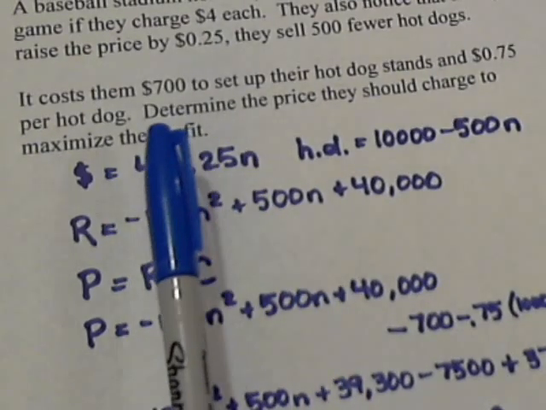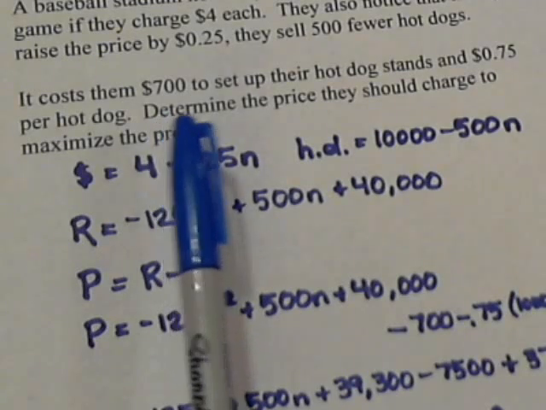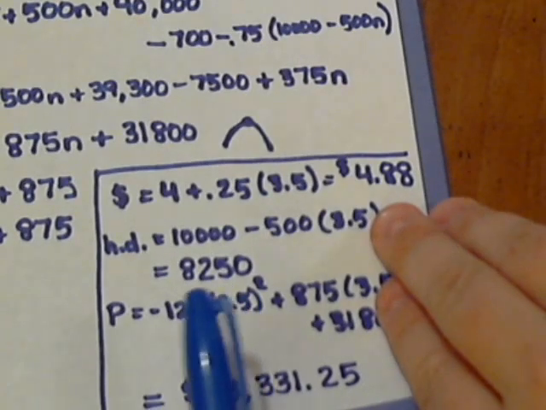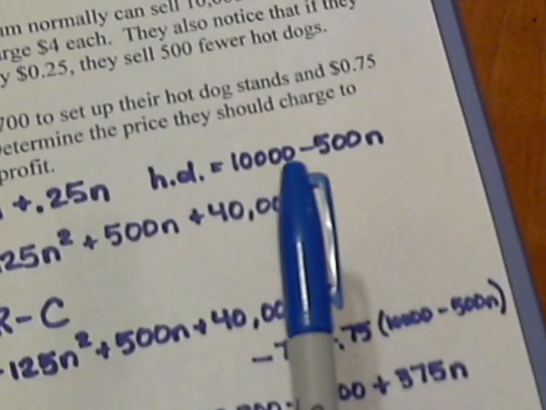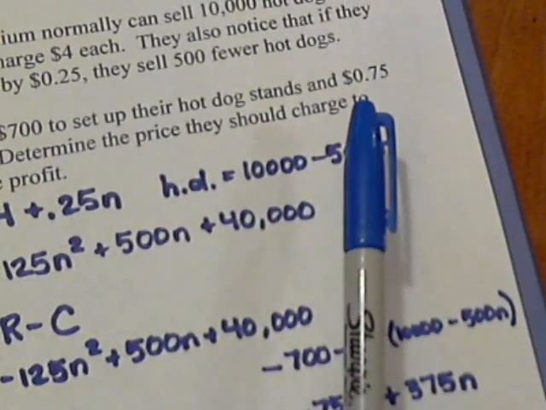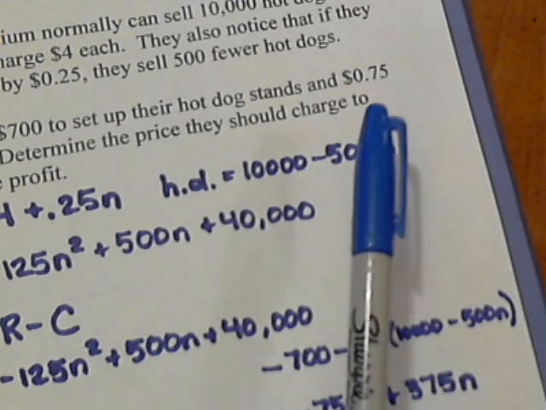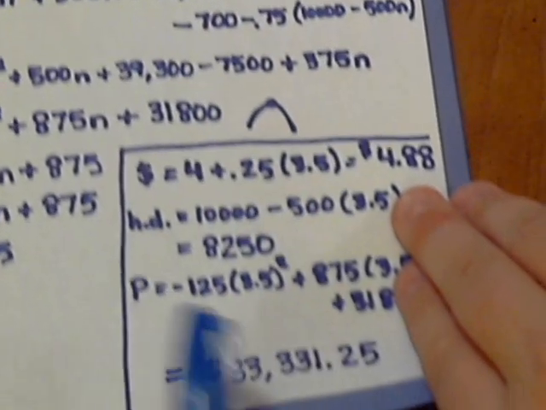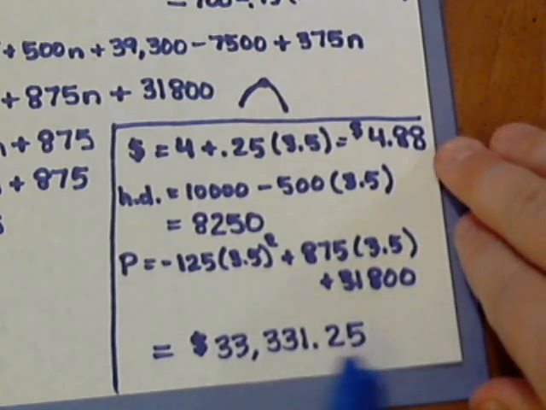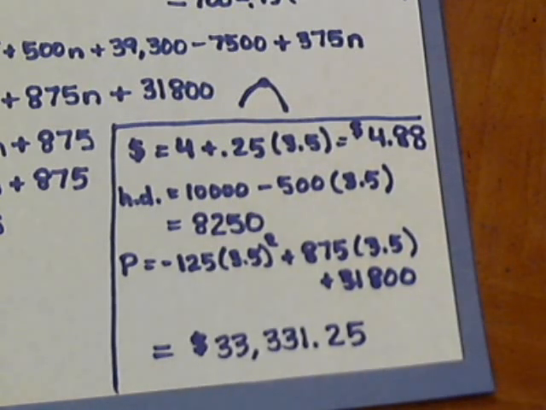We've got to pay the $700 to set it up. And then for each of these 8,250 hot dogs we're selling, it's going to cost us 75 cents for the hot dog, the bun, the mustard, the ketchup, the plates, the napkins, and all that stuff. So once we take all that away, we're left with a profit of $33,331.25.